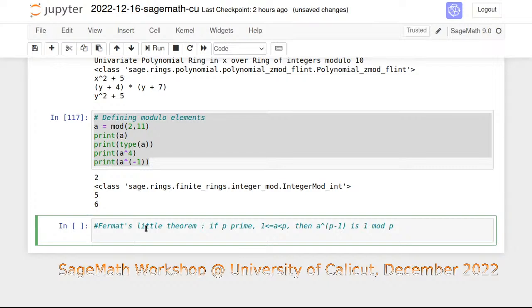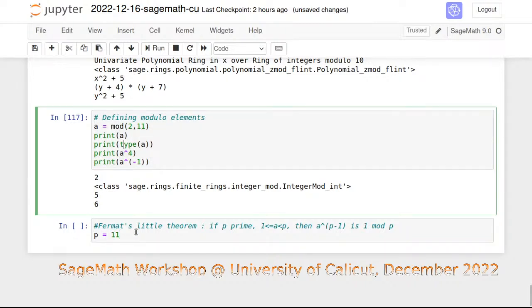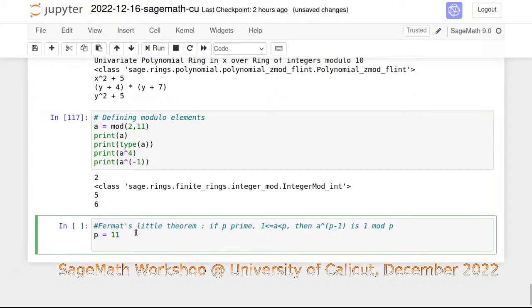Now to see that, maybe we can define P to be equal to 11, as we have done previously, and A equal to mod 2 P. So what are we supposed to do?